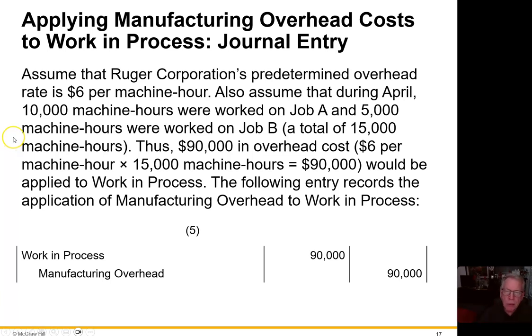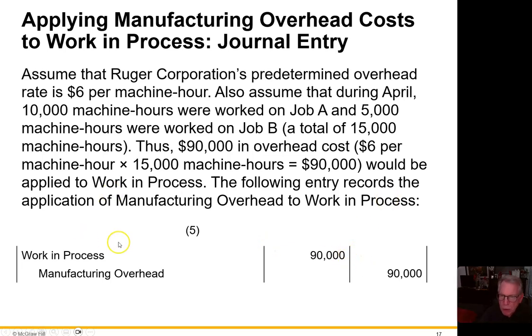Therefore, $90,000 in overhead cost, that's going to be $6 per machine hour times 15,000 machine hours, comes out exactly $90,000. And that's what we're going to apply to work in process.